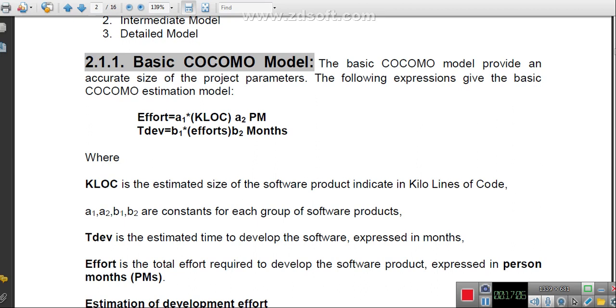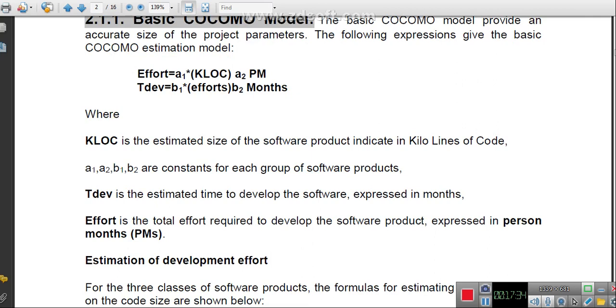Then you are in a position to know how much time or how many months are required to complete the particular project, that is TDEV. So B1 into efforts raised to B2, you will get the particular months required to complete the particular project. So this is about the basic Kokomo model.